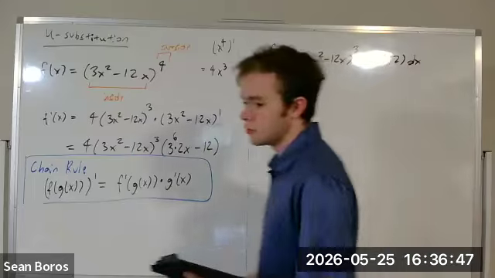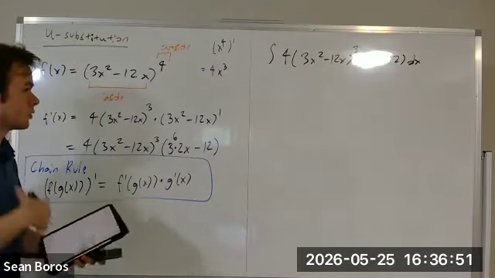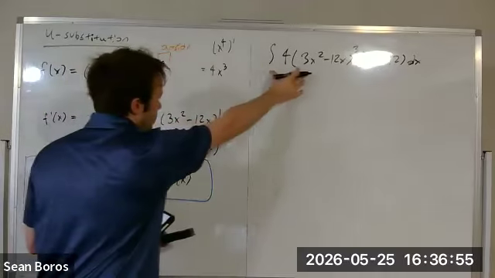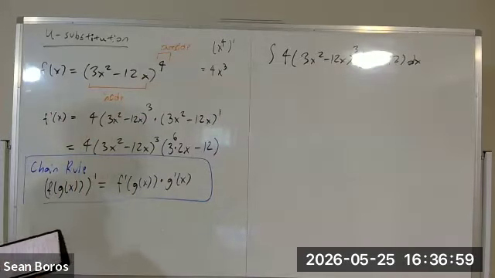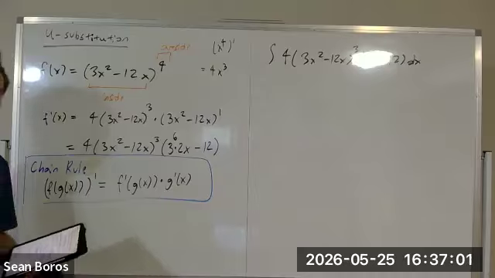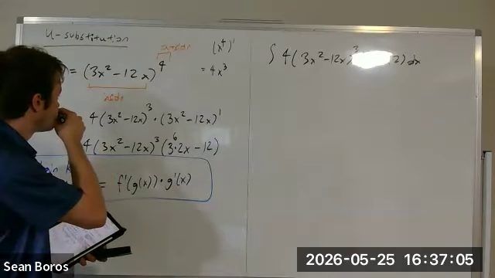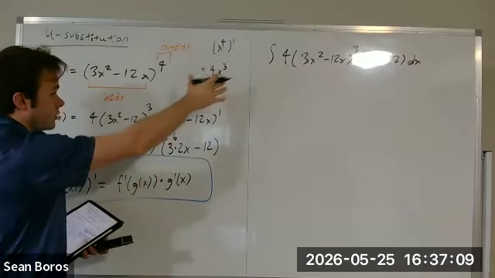We learned in Calculus 1 that the derivative and the integral are opposite operations. So whenever we take the integral of this thing, we should get back to what we started with before we took the derivative. If you take the integral of the derivative, you should get back to the original function. So I've just rewritten this exact same answer that we had.